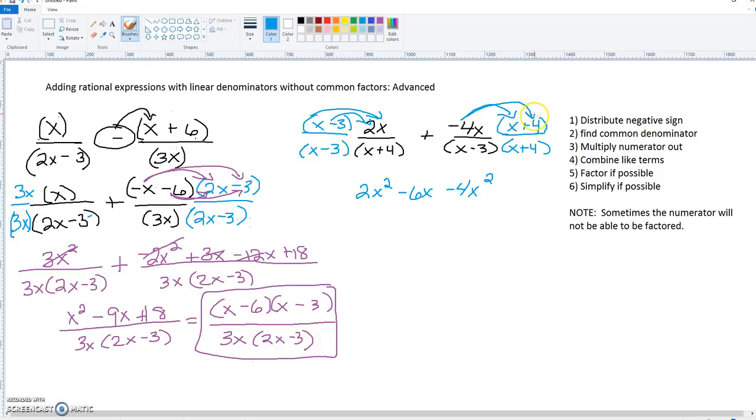And this times this gets us a negative 16x. Now, of course, since we're adding these, we can write it all together over the common denominator. We could have done that over here as well. Kind of doing that to save us some room.